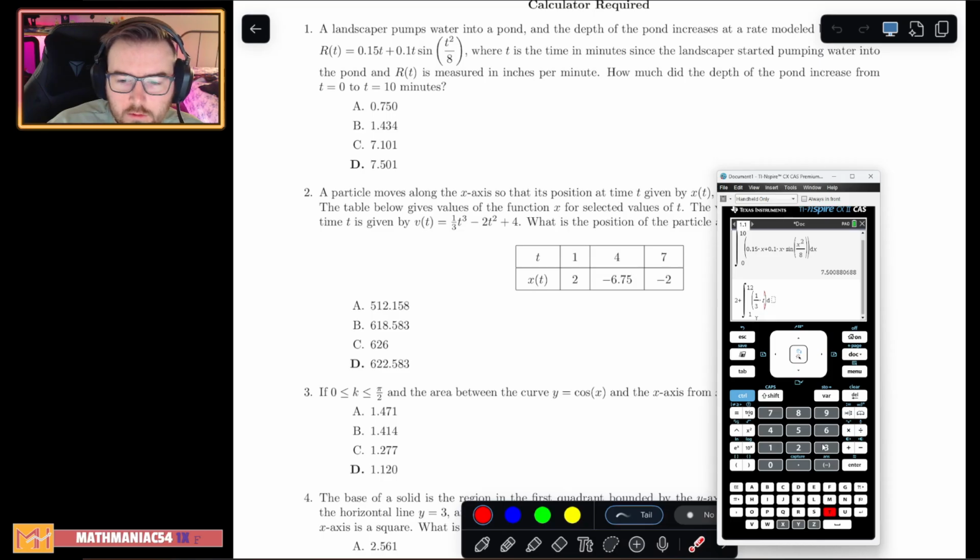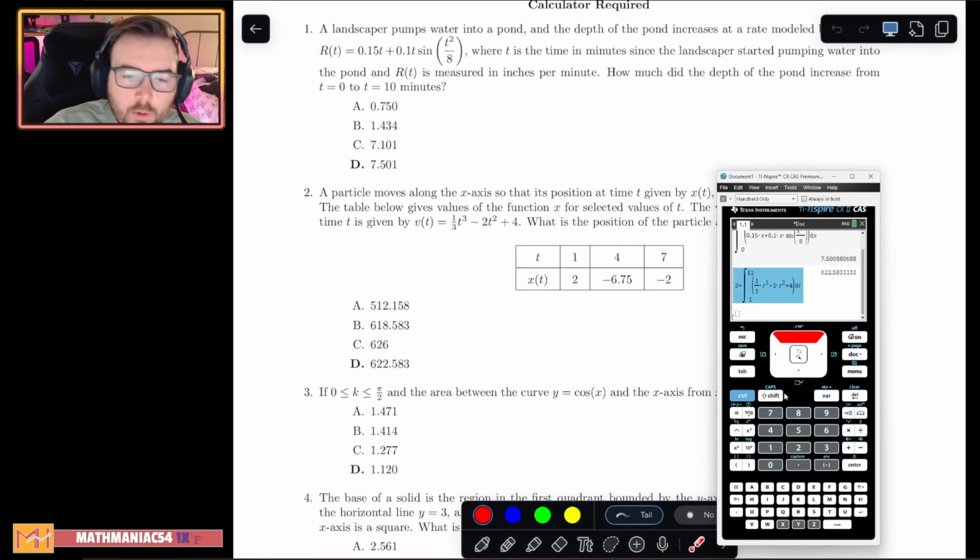I'll do t this time. Oops, I need an exponent. By taking that starting position and adding up the change, I'll find the new resulting position, which is 62.583.